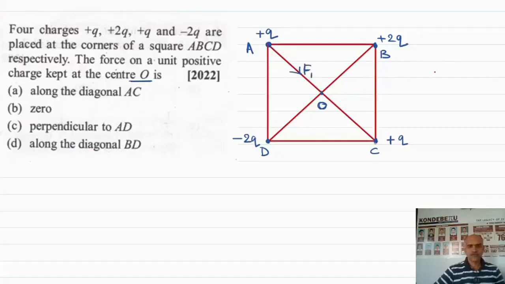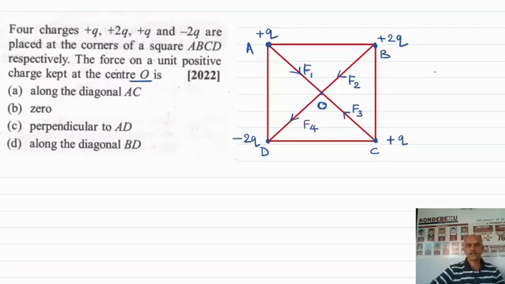Similarly, the force due to the charge at point B, that is plus 2Q, is away from it, since it is positive. This I will take as F2. Due to the charge at point C it is towards O, positive so away from it. Point D is negative, so the force is towards the negative charge, this is F4.